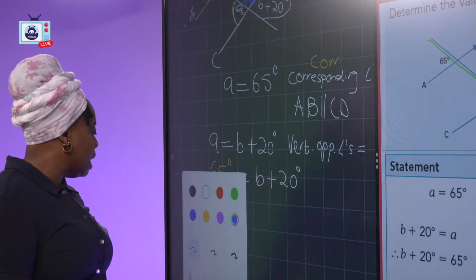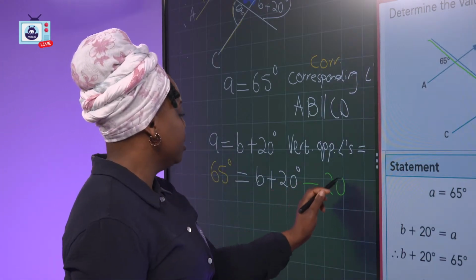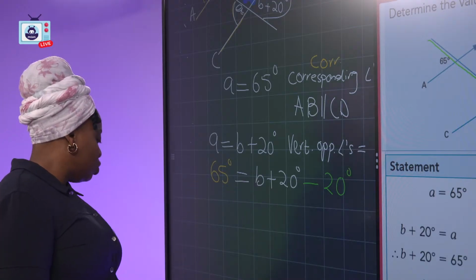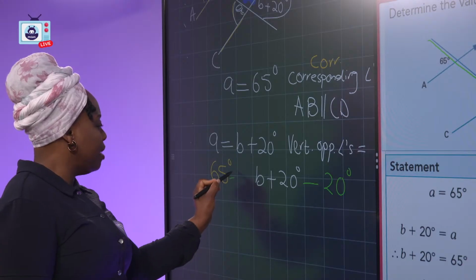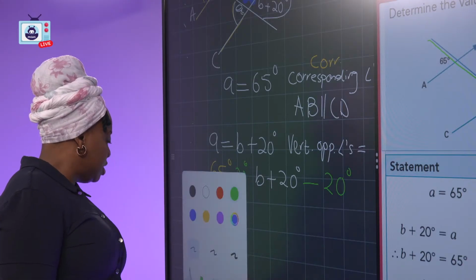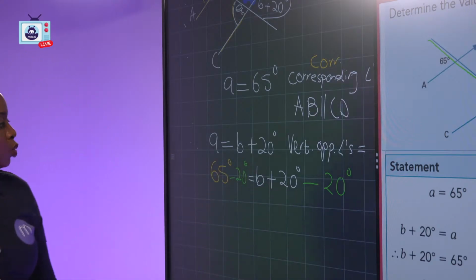Then we subtract the 20 on both sides. If I subtract 20 on both sides, I'll have to subtract 20 here as well. Okay, let's do that. Minus 20. Remember, it's 20 degrees. That will be equal to B plus 20 like that.